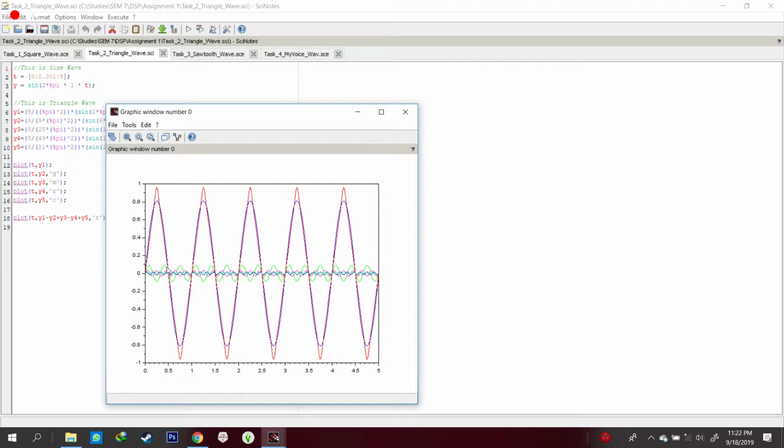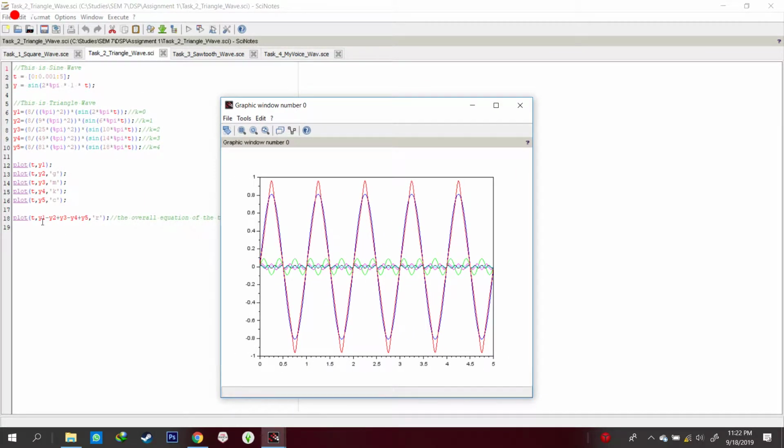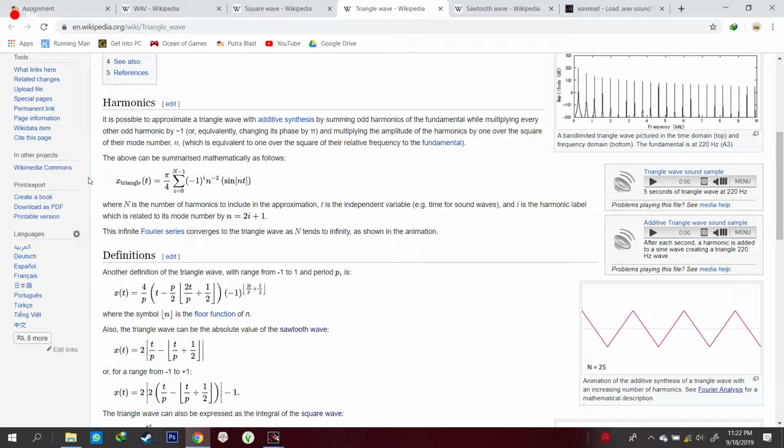This is the second harmonic, third harmonic, fourth harmonic, and the cyan is the fifth harmonic. If we total up y1 minus y2 plus y3 and so on, this is the triangle wave that we get based on the equation on Wikipedia for the triangle wave.